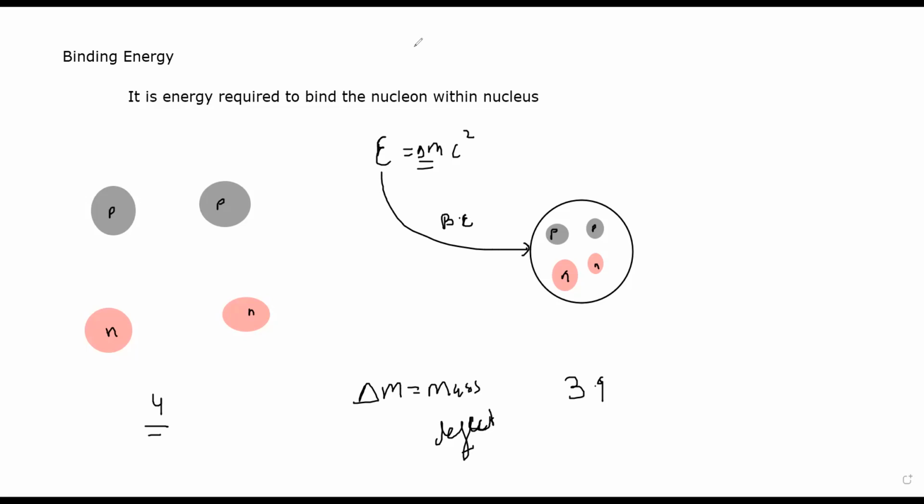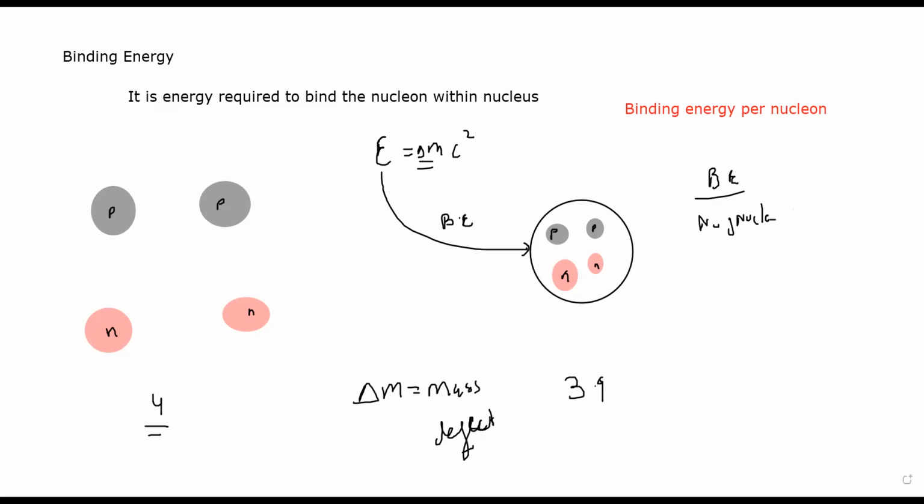And what is the binding energy per nucleon? Binding energy per nucleon means how much energy is required to bind each nucleon. So the total binding energy divided by the number of nucleons, the number of particles inside the nucleus, will give the binding energy per nucleon.